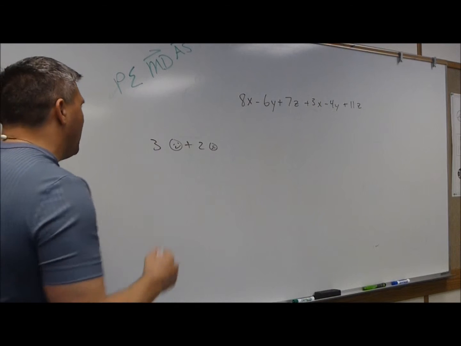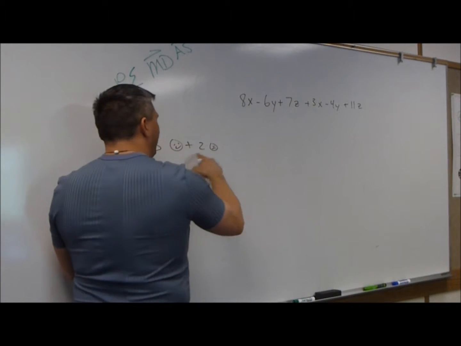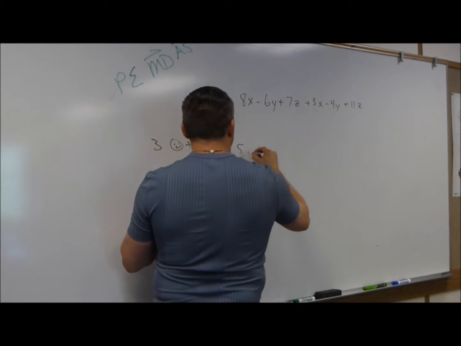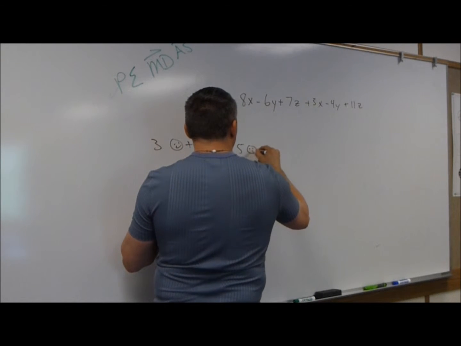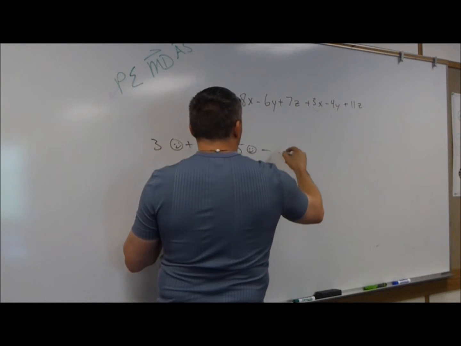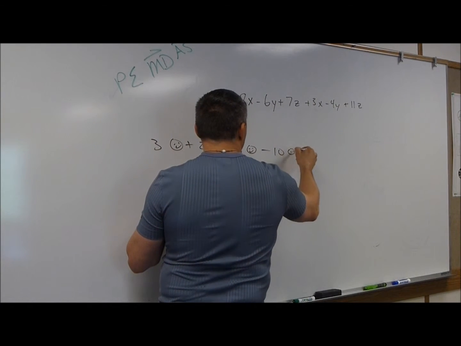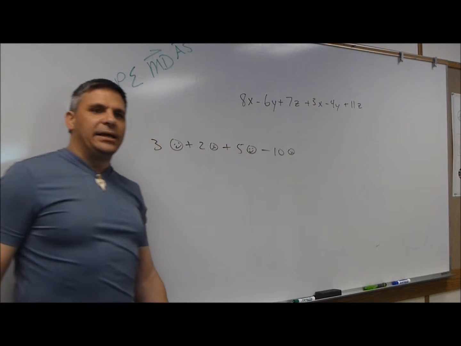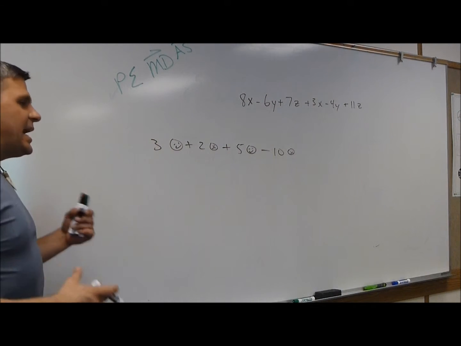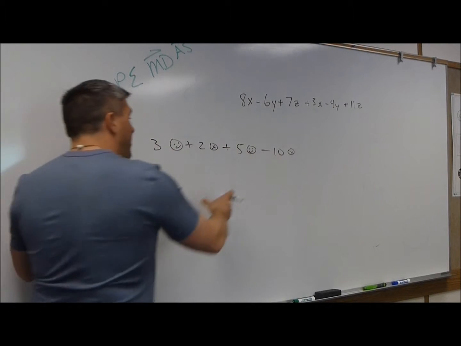So we have to remember, okay, so if I have 3 happy faces, 2 sad faces, plus 5 happy faces and a negative 10 sad faces, right? Then when I add those up, I can only collect the happy faces.